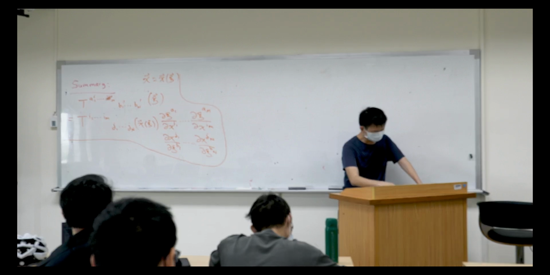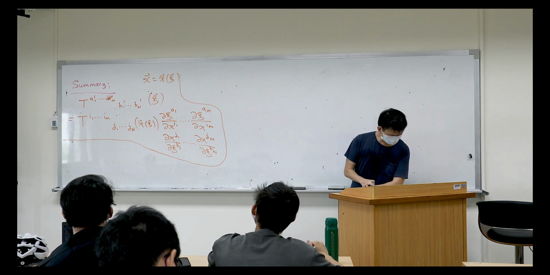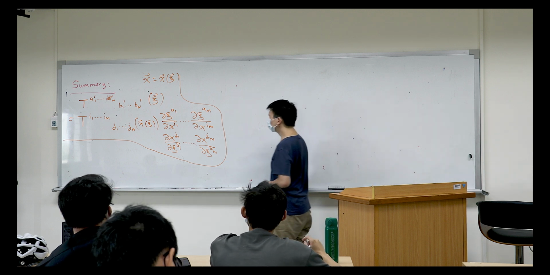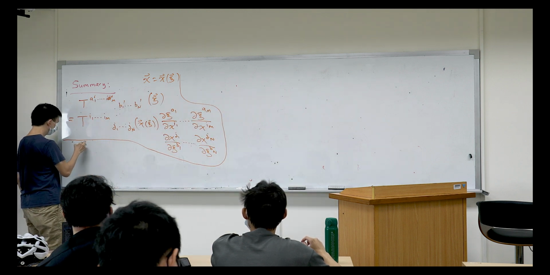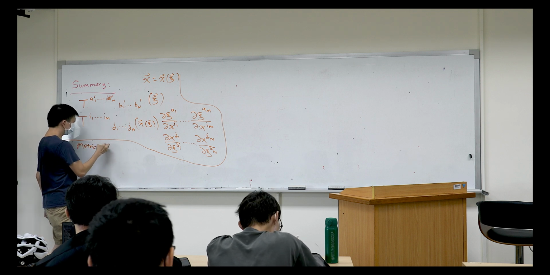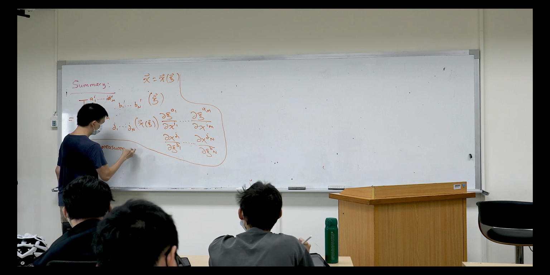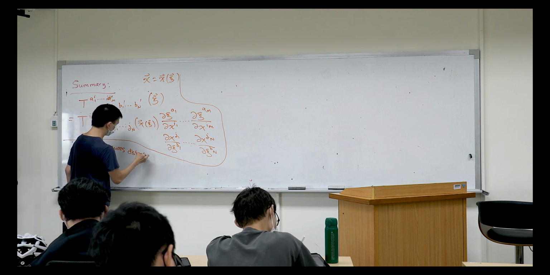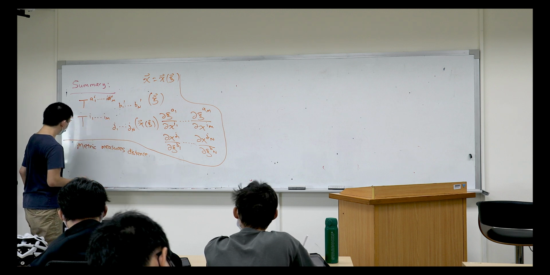Okay? So, like I said, I want to go briefly back to talking about the metric. So as I've said before, the metric is for measuring length. So the metric measures distances, or in other words, it's the object that allows you to define what you mean by length. Right?